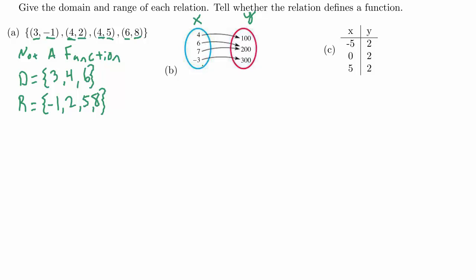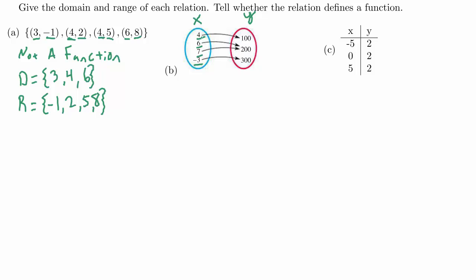Now I need to determine if this is a function or not. Ask yourself yes or no. If you said yes, you're correct, and here's why. The 4, the 6, the 7, and the -3 are your X values. How many arrows are coming from each one of the numbers? Just one.